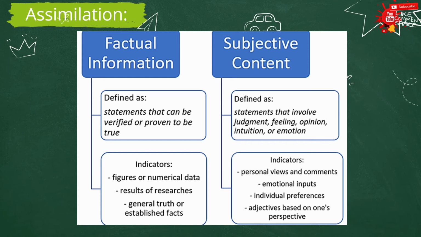On the other hand, subjective content is defined as statements that involve judgment, feeling, opinion, intuition, or emotion. Its indicators are personal views and comments, emotional inputs, individual preferences, adjectives based on one's perspective.